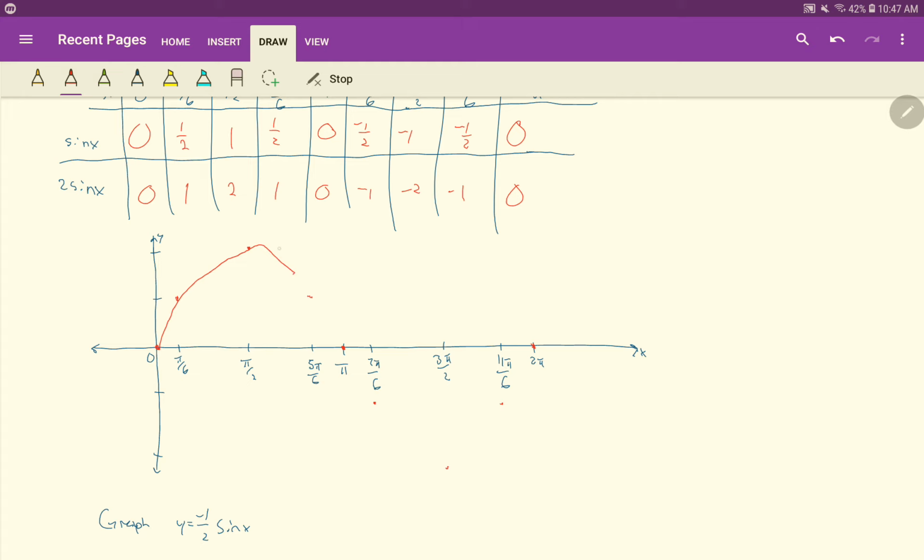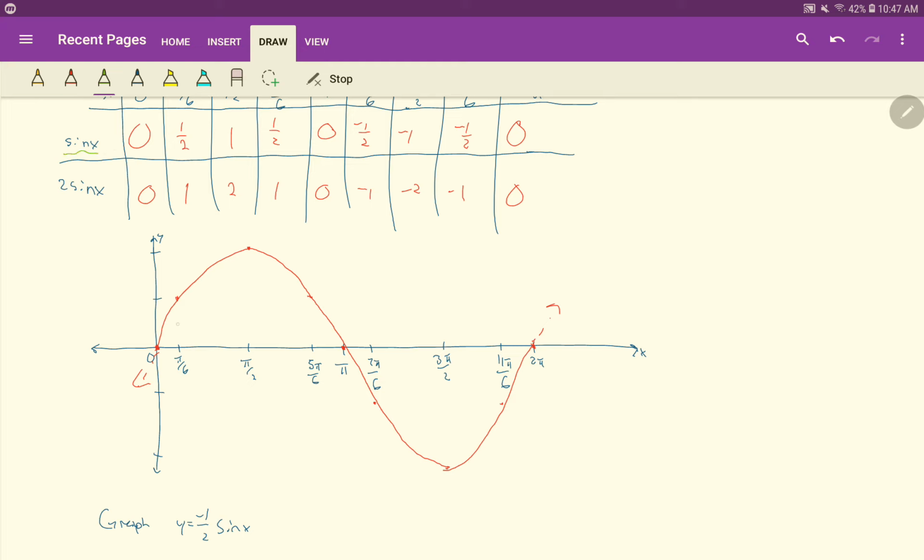Let me see if I can get that to look better. There we go. Something like that. And of course it'll go on, you can indicate with some arrows there. And then in green, I'll put our little sine graph right here too.